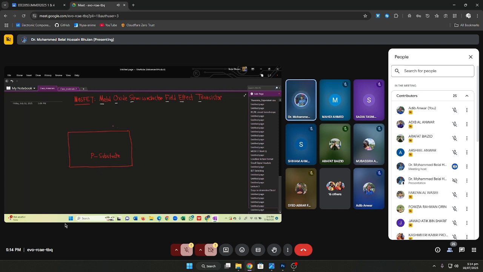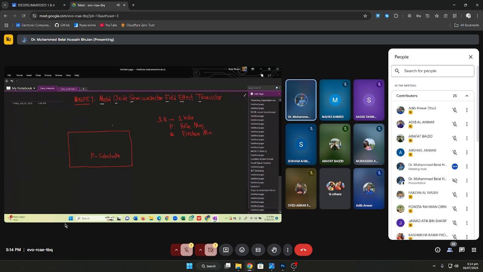Every time we add one boron, we get one hole. So in P-type material, hole is the majority carrier and electron is the minority carrier. So we have a block of P-type material which has plenty of holes as majority carrier and few electrons as minority carrier.